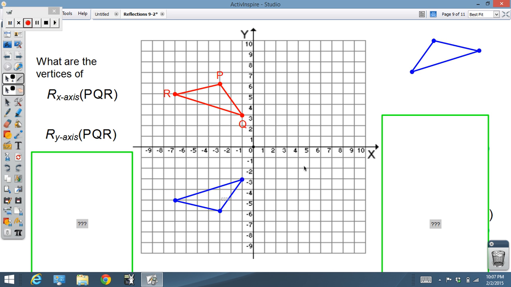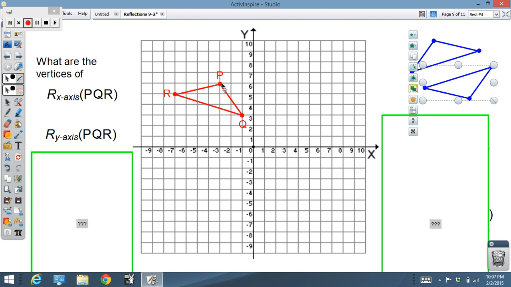What would a reflection across the y-axis look like? Well, same thing, only now I'm going to go across the y-axis, which is right here. Real ugly, but you see what I'm talking about, the y-axis. So I'm going to go straight across from Q to Q prime. I count over 1, over 1.